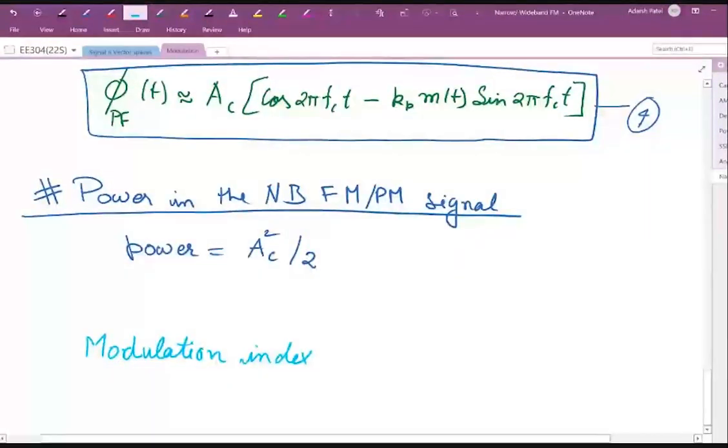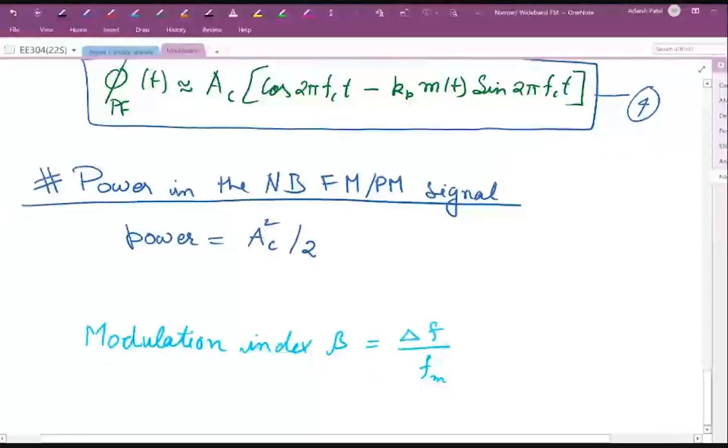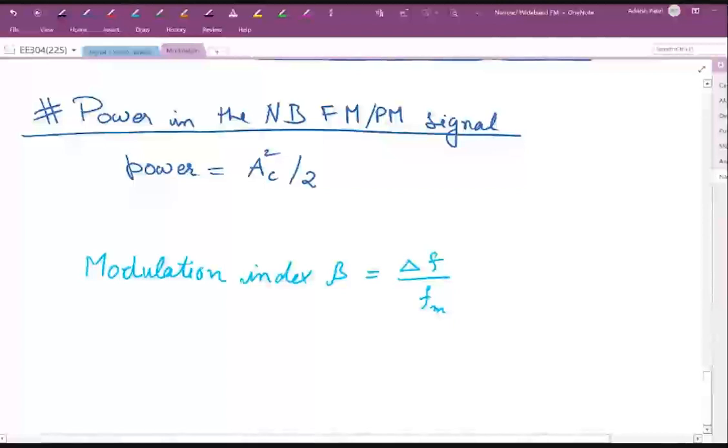But in here, because that was amplitude modulation, we were calculating the difference upon the overall amplitude of the carrier. So in here, we will calculate the same in terms of frequency, beta. We will calculate this as the deviation in the frequency upon the frequency itself. So how do we define delta F?